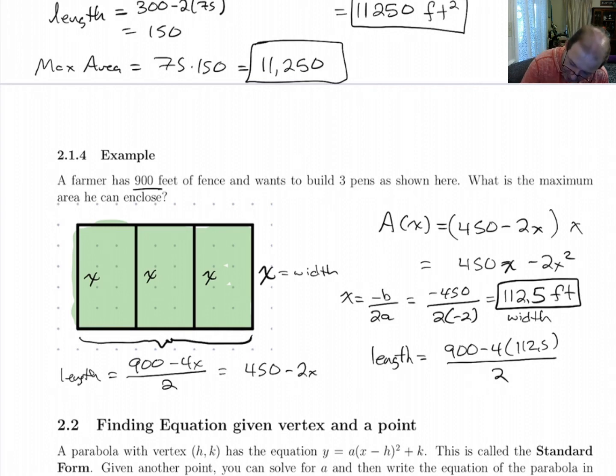It's 225. And so the max area is going to be 225 times 112.5, which is 25,312.5 square feet.